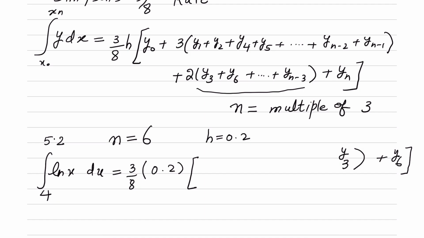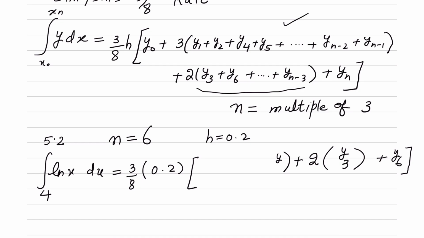This part says yn minus 3 is the last value and it goes all the way to y3, but we got y3, so we'll just put it here and then close the bracket. Outside we have 2 plus, and now the part which is being multiplied with 3. So the last value in this part is yn minus 1.